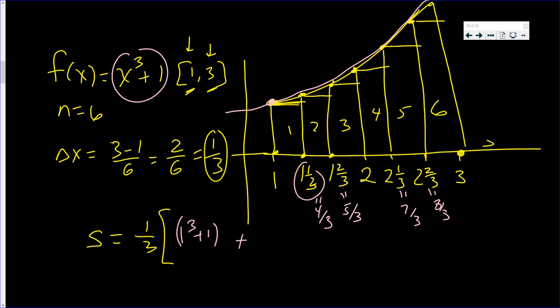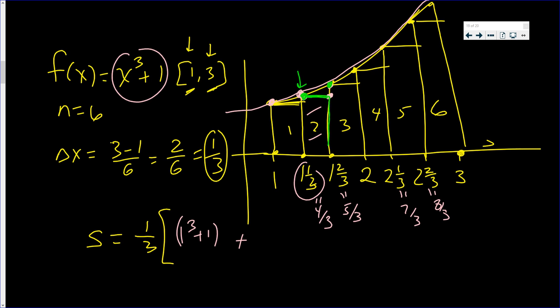Okay, so for the next rectangle, between these endpoints, only this one's on the curve. Between this endpoint and this endpoint, that one's lower.